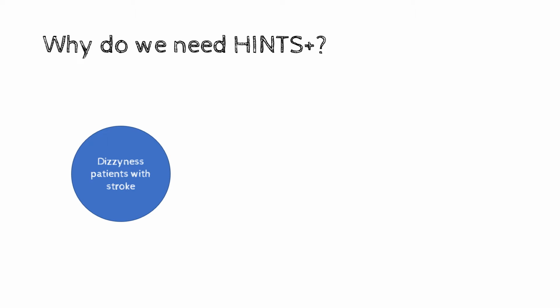So if we have our dizzy patient who will end up with a stroke diagnosis, then it becomes clear that there are kind of two groups when you examine these patients. There's the group that has the overt neurological problems. These are usually medial brainstem infarctions, where you have motor components that are quite obvious.